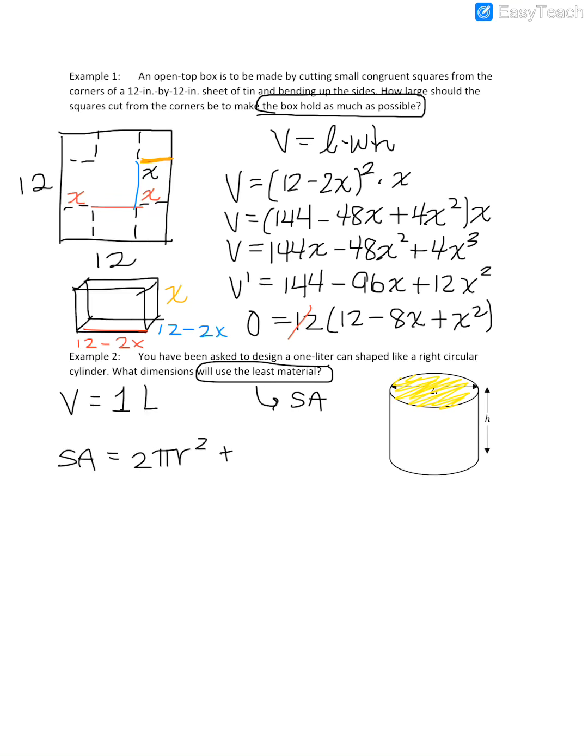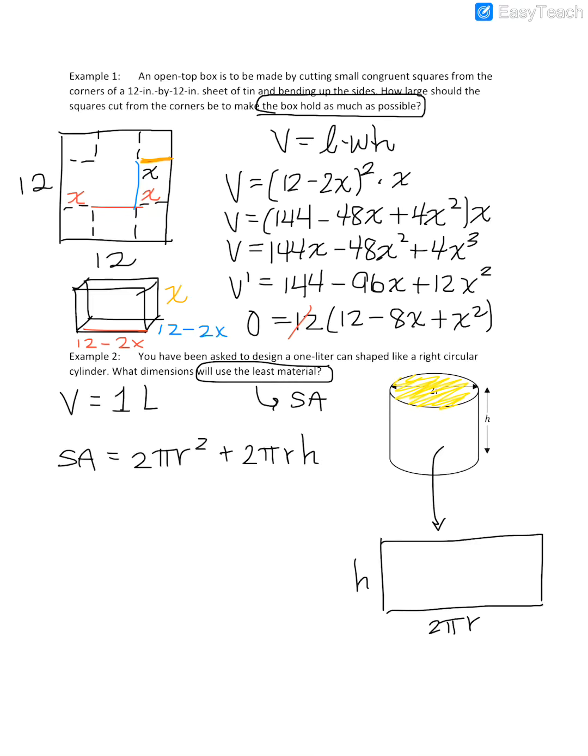For the side, think about if I unrolled this can, it makes like a rectangle, where h is this side of the rectangle. The top of the rectangle is the circumference of the circle, so that's going to be 2 pi r. Remember circumference is pi d or 2 pi r. So my area of that is 2 pi r h.